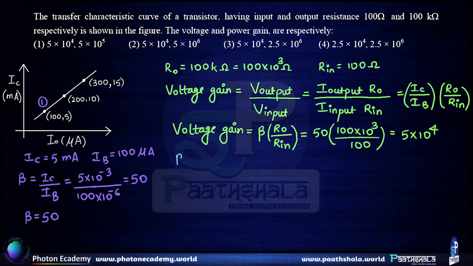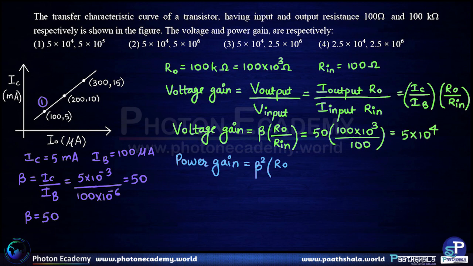Now for the power gain, we have the formula, which is beta square into R0 divided by Rin.